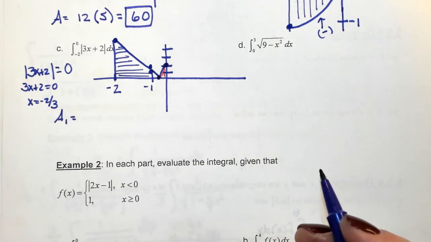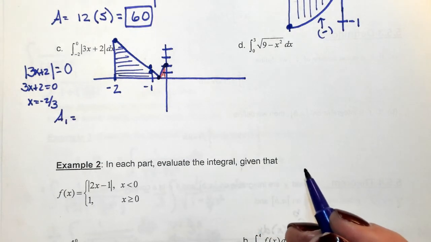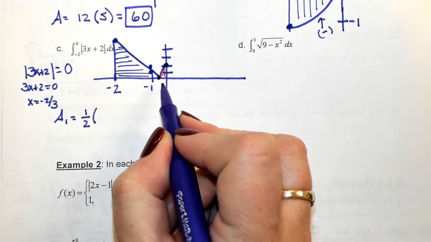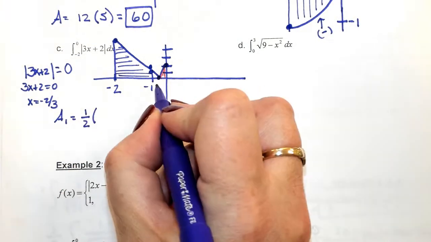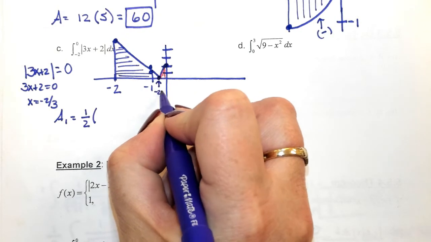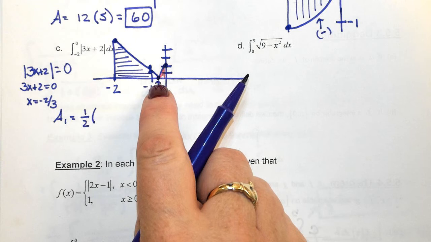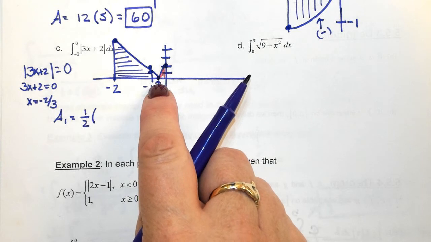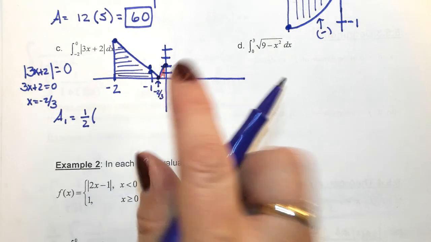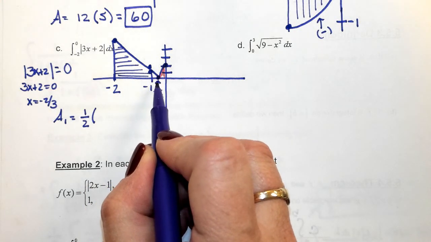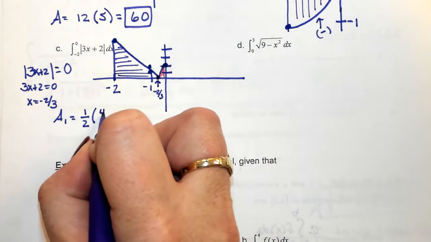Well, what's the formula to calculate the area of a triangle? 1/2 what? 1/2 base times height. So 1/2 base. So what's the base of my first triangle? Remember, this x value right here is -2/3. So what's the base of this triangle going to be, the larger triangle? It's going to be what? Well, it's 1 plus what? 1 1/3, which as a mixed number is going to be 4/3.